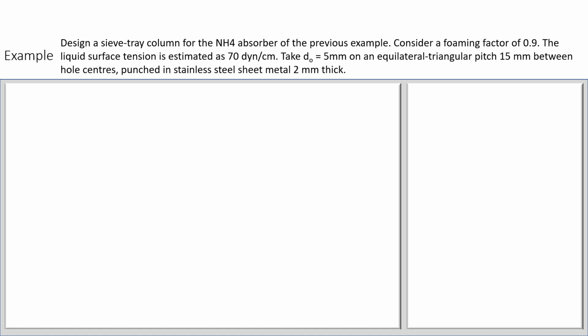It's the same ammonia absorber with the same conditions, and we would like to see what the design of a tray tower will look like for the same conditions. We need to consider a foaming factor of 0.9, and we have a liquid surface tension of 0.9 per centimeter. We have a hole diameter of 5 millimeter, a pitch value of 15 millimeter, and the sheet metal thickness is 2 millimeter.